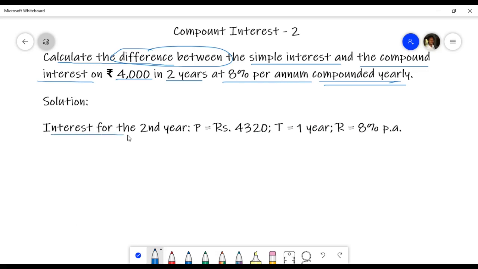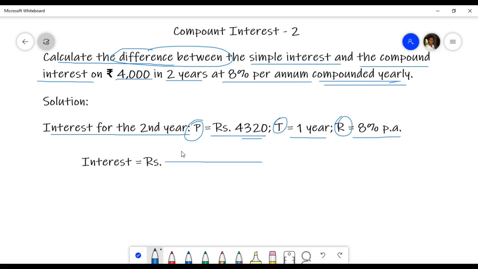Our next step is to find the interest for the second year. Now you remember that the principal of the present year is the amount of the previous year. That's why principal is 4,320, time is 1 year, and rate is 8%. We'll replace the values to get the interest for the second year.